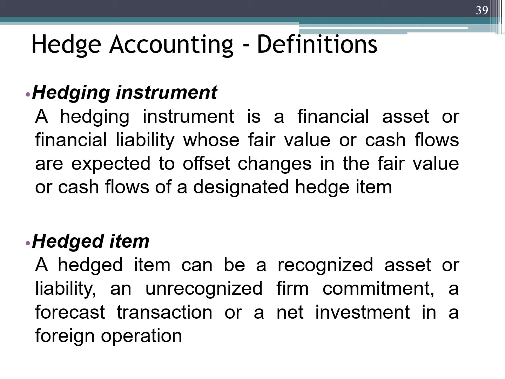Okay, so what is the hedged item and the hedging instrument? A hedging instrument is a financial asset or financial liability whose fair value or cash flow is expected to offset changes in the fair value or cash flow of the designated hedged item. So we expect that the hedging instrument could reduce the risk of the hedged item. So we use hedging instruments to reduce changes in the price of hedged items.